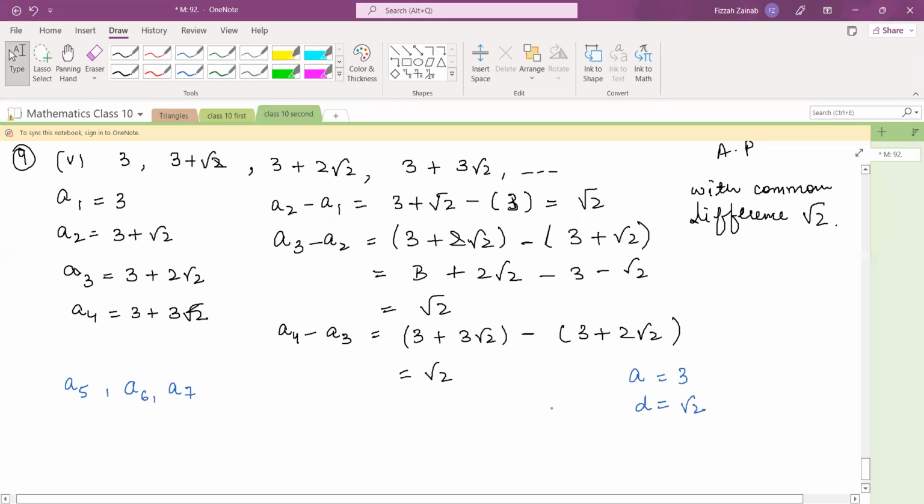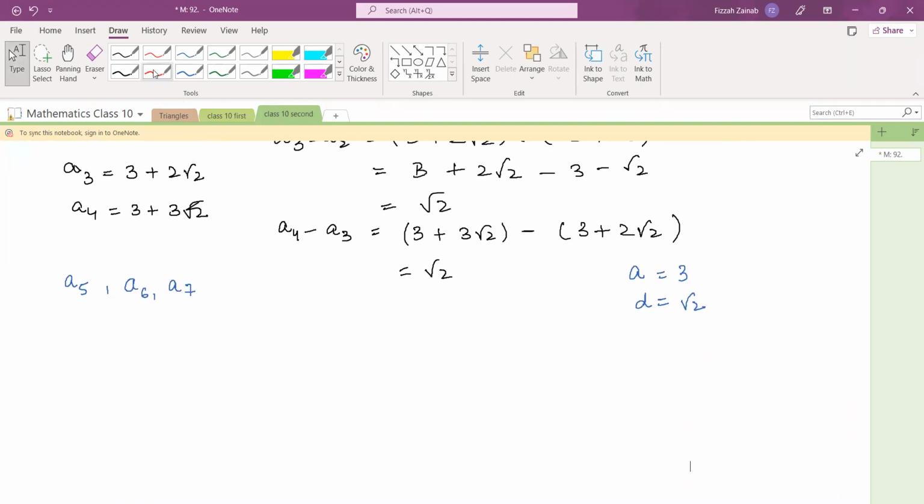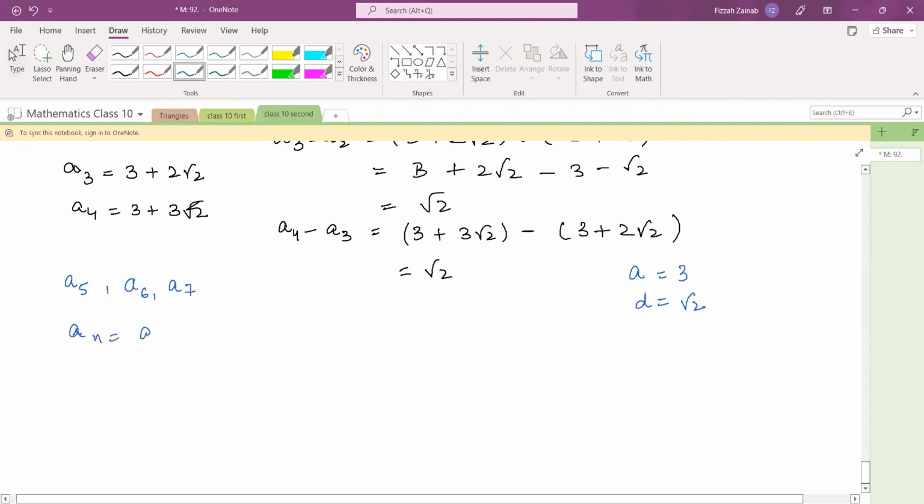So you can write, again start with the formula that an is A plus n minus 1 into d. So your fifth term will become A plus 5 minus 1 into d, and you put the values now. So 3 plus 4 into d, which is under root 2. So 3 plus 4 under root 2 will be the fifth term.